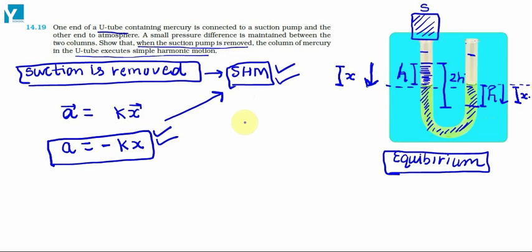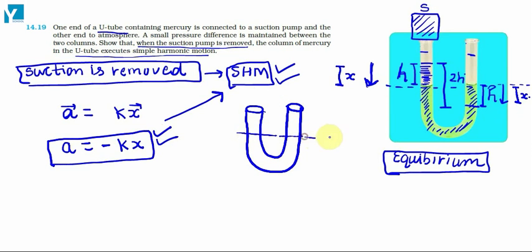We can understand this by redrawing the U-tube. Suppose this was the reference level in the absence of suction. This is also x, and this is also x.